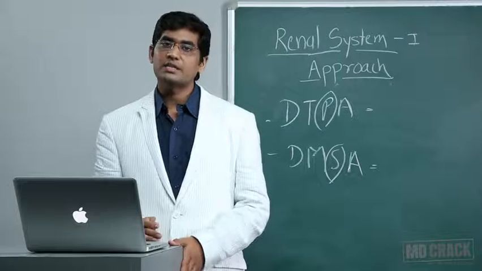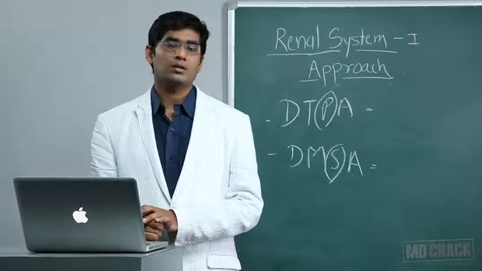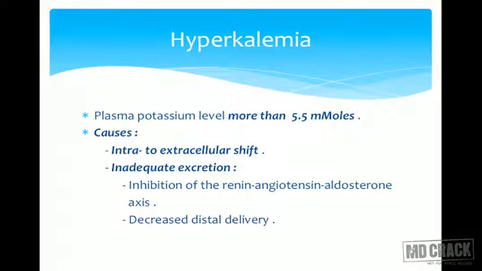quite a related topic, that is hyperkalemia, which is an emergency and is quite commonly found in renal failure. It is also a high yield point for your MCQ exam. Hyperkalemia is defined as a potassium level of more than 5.5 millimoles, and causes can be as follows. As potassium is an intracellular cation, a cause like metabolic acidosis will shift potassium from intracellular to extracellular.